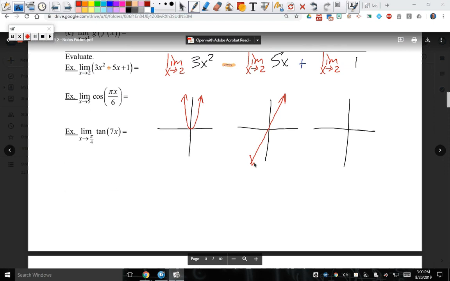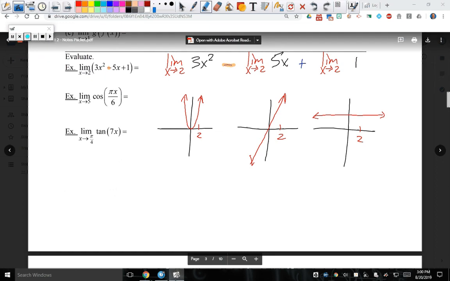What does the last one look like? Just a straight line, right? You don't have to raise your hand, just say it out loud. It's just a straight horizontal line at what? At y equals 1, right? y equals 1. It's a horizontal line. x equals a number is a vertical. y equals a number is a horizontal. Now look. We are going to approach 2 on all of these.